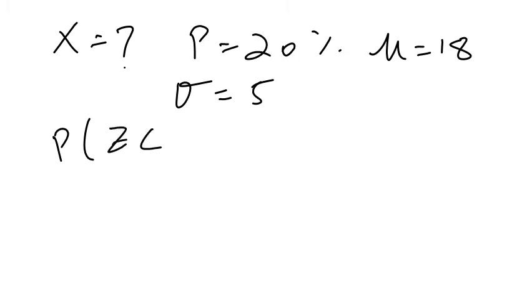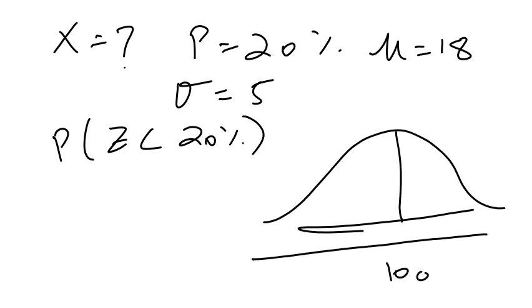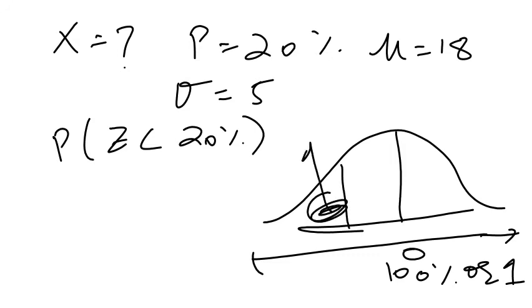So this whole area is 100% or 1. Don't forget, remember this is 1, 0 is here. So 20% must be here. So this area is 20%, which means 0.2. So now we will do the reverse process.